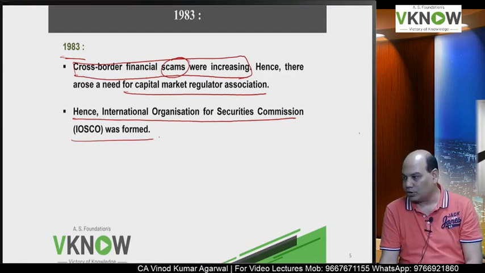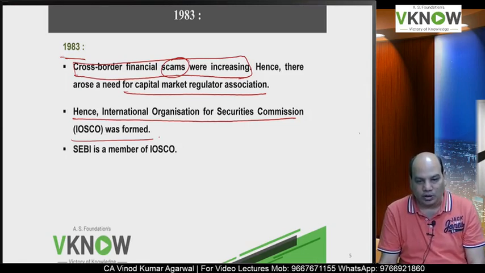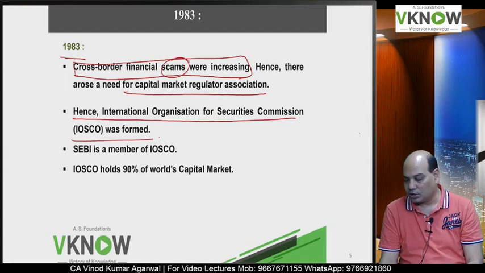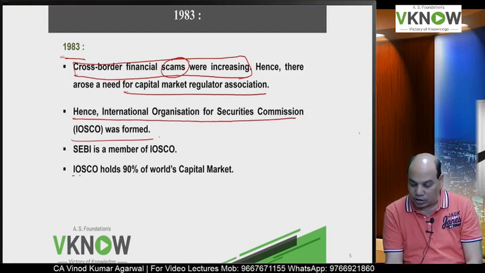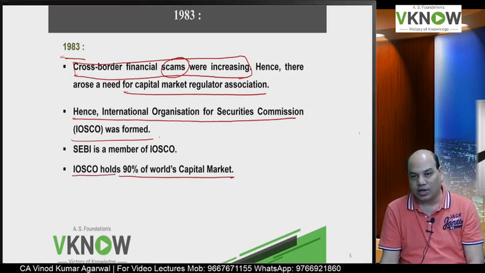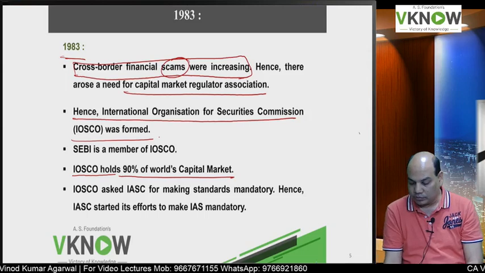IOSCO was formed. You don't have to remember any of this. I am just giving you the background. And SEBI is also a member of IOSCO. This IOSCO has almost 90% of the world's regulators as members. So you can understand the importance of this.